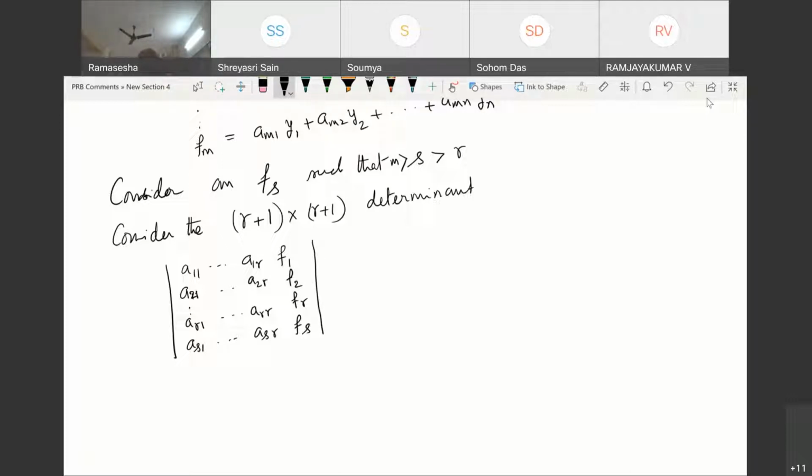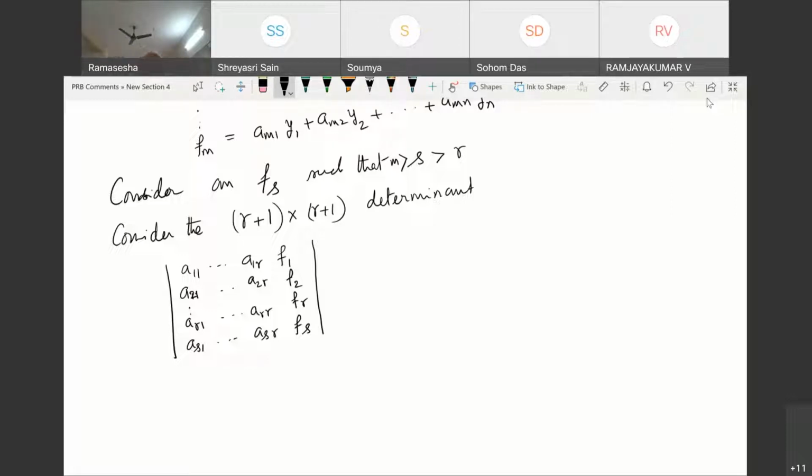Do you follow? What I have taken is just the r by r matrix, and I have bordered that by a column which is f1, f2, fr, fs, and a row which is as1, as2, asr, fs.